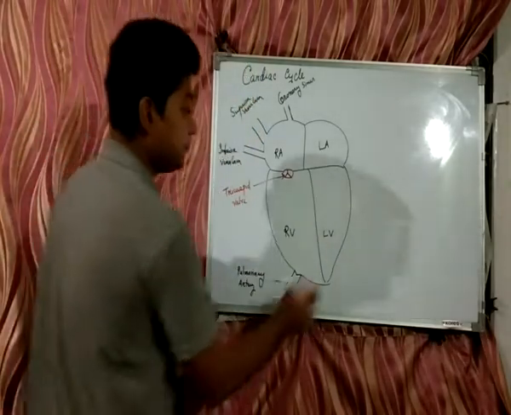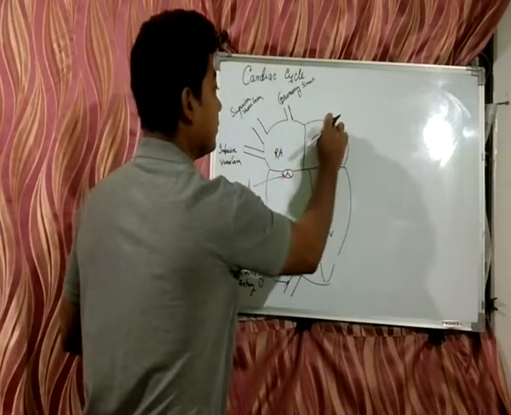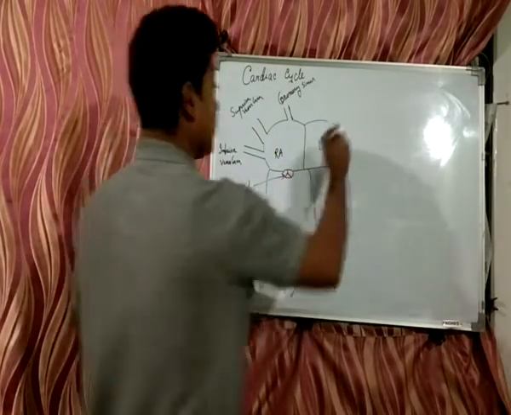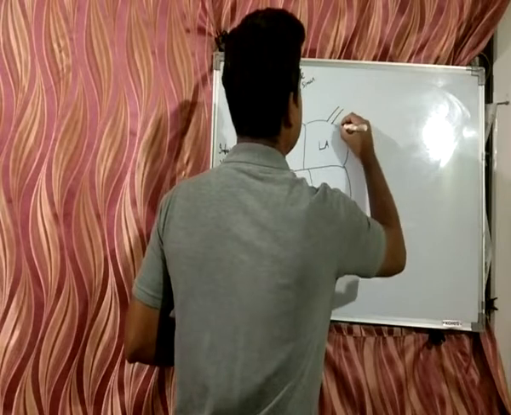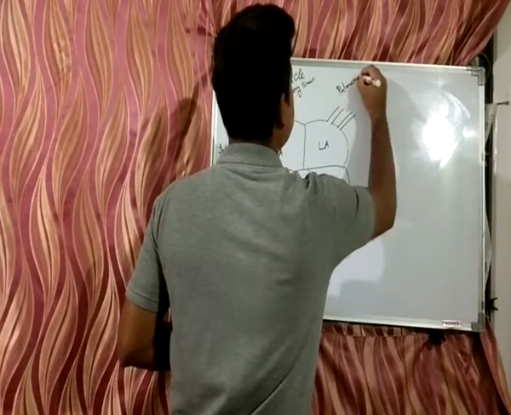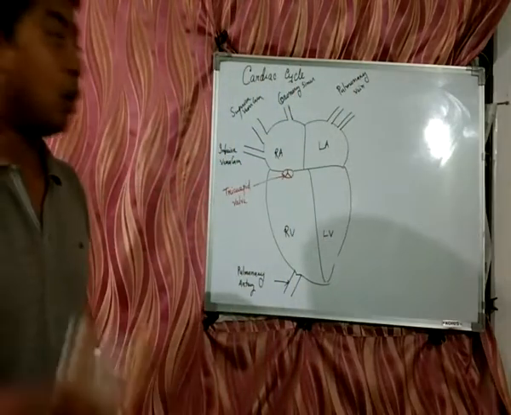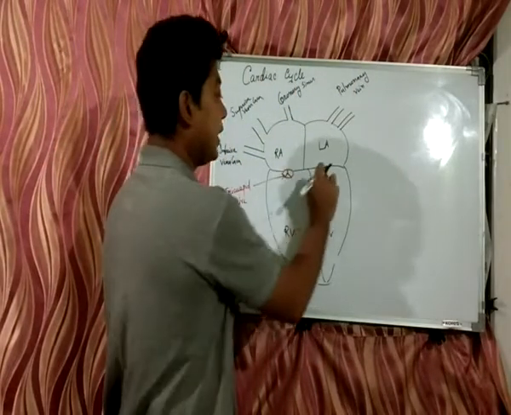In the same way, these are the pulmonary veins, which carry the oxygenated blood to the left atrium.